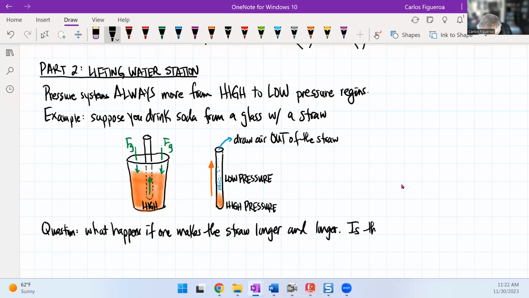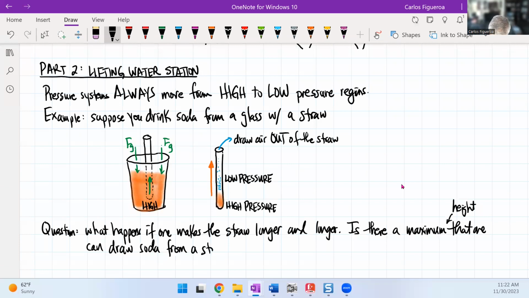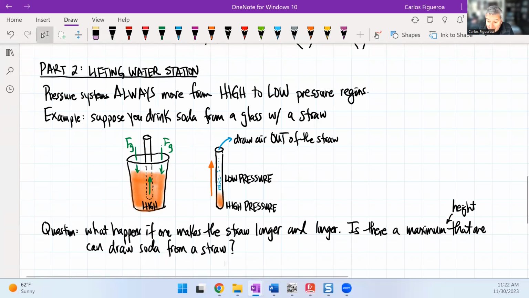Is there a maximum height that one can draw soda from a straw? And that's exactly what is happening here. The idea here is that there is a maximum height.